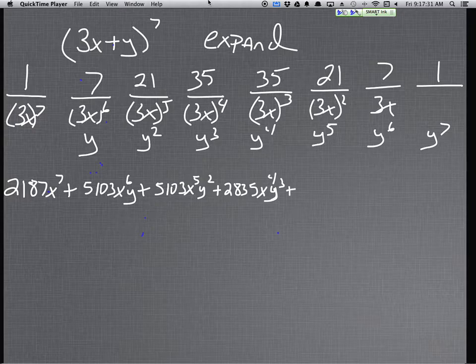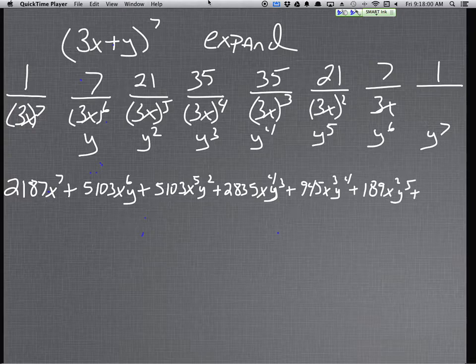Then the next one is going to be 3 to the 3rd and 35: 945. So that one is x to the 3rd, y to the 4th. Then I need 3 squared times 21: 189. So 189x squared y to the 5th.